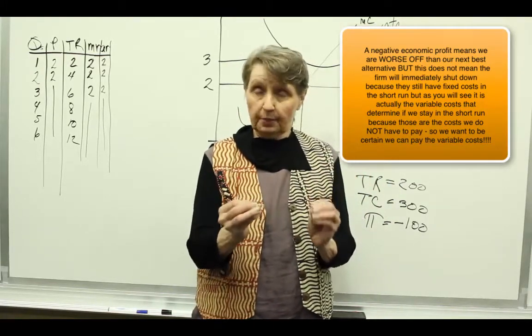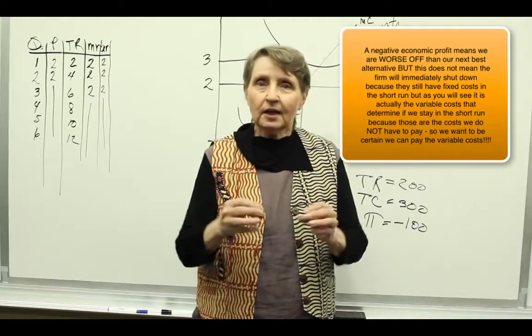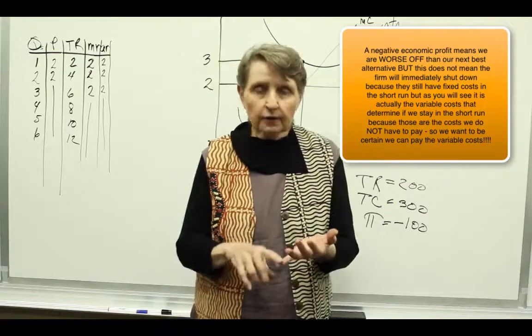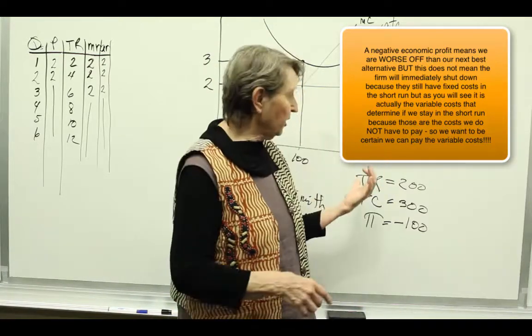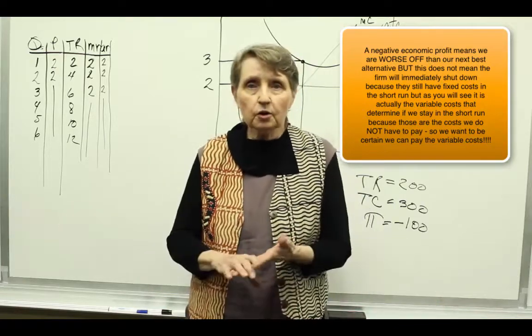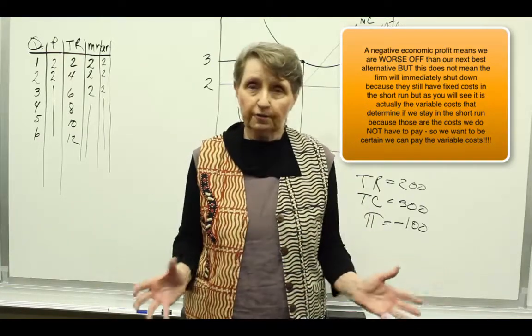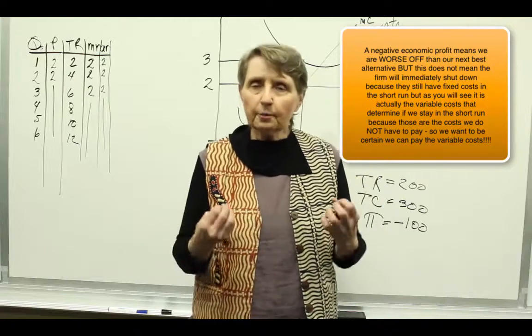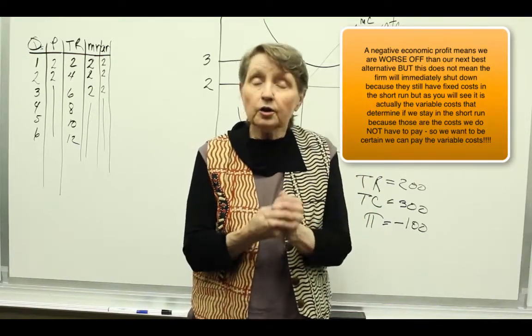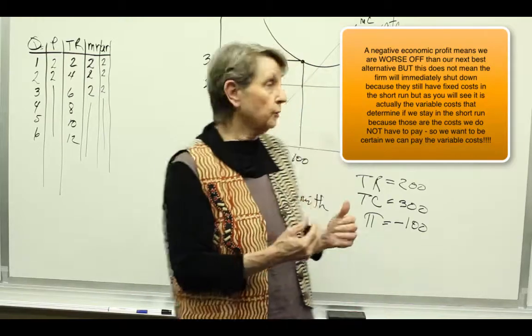What you don't have to pay if you shut down is variable costs. I mean, if you're not going to plant wheat, then you're not going to buy seeds. If you're not going to plant wheat, you're not going to irrigate the fields. You're not going to put pesticides and herbicides. You're not going to hire labor to work the fields. So your variable costs are the costs that we're concerned with in this shutdown decision.